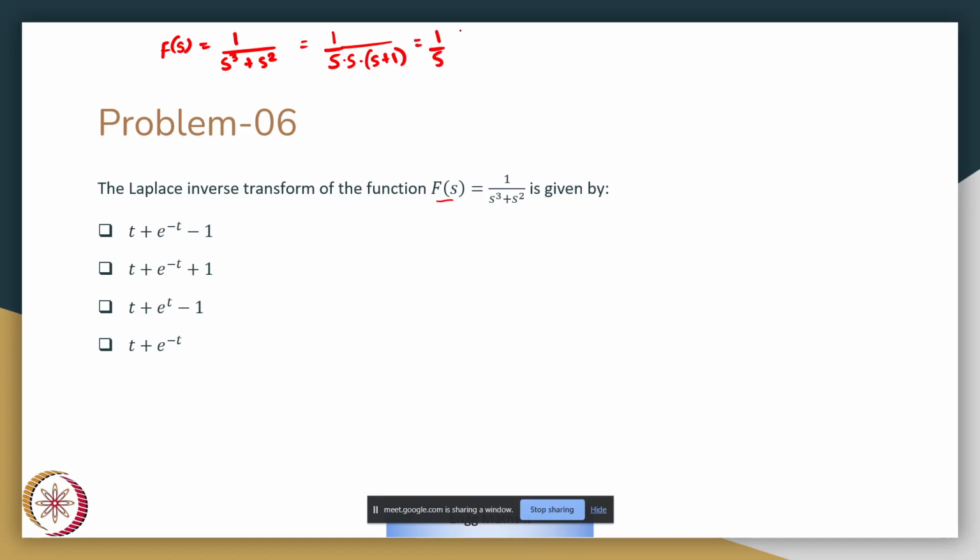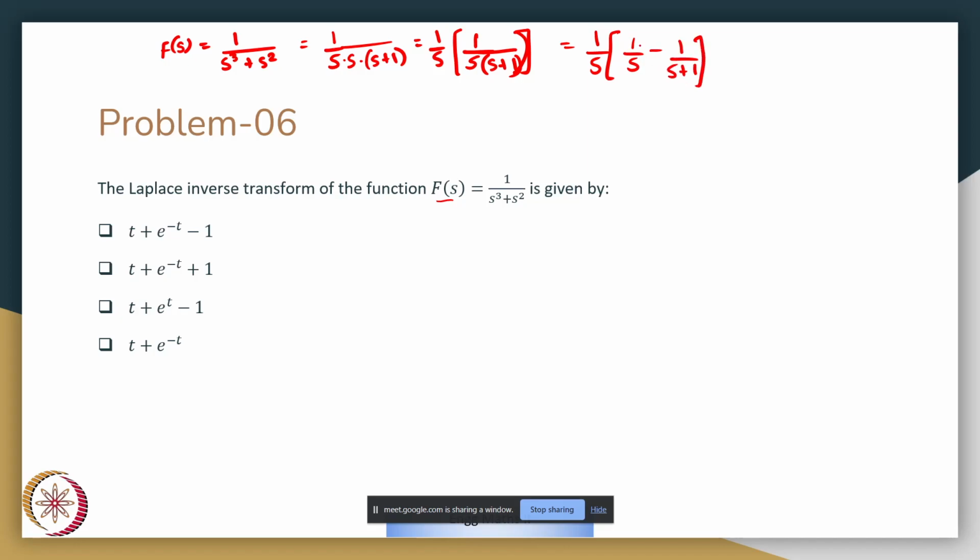I'll take the 1 by s outside, and I have 1 by s into 1 by s plus 1. I can decompose this into partial fractions. That would essentially end up being 1 by s minus 1 by s plus 1.